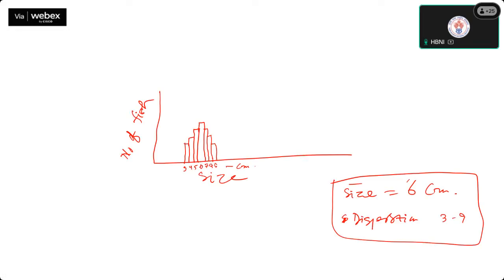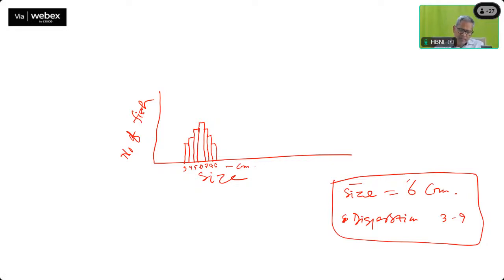So if you give the mean and dispersion, that gives a better feeling. For any distribution, you define the mean. You say that the average size is this much, and then you say it has a dispersion or variance of so much.